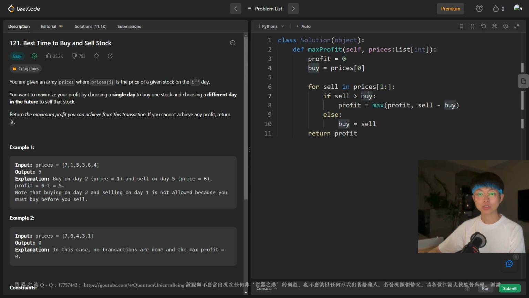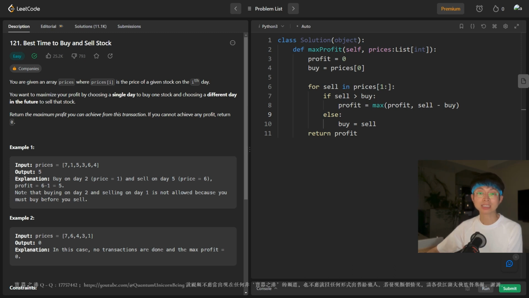If sell is greater than buy, it calculates the profit, sell minus buy, and updates the profit variable with the maximum of the current profit and the newly calculated profit. This ensures that the profit variable always stores the maximum profit seen so far.